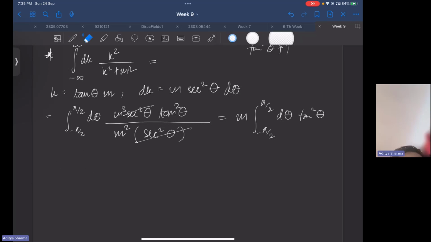Now tan 2 theta is 2 tan theta over 1 minus tan square theta. Just complicate as now. Sin square theta by cos square theta.